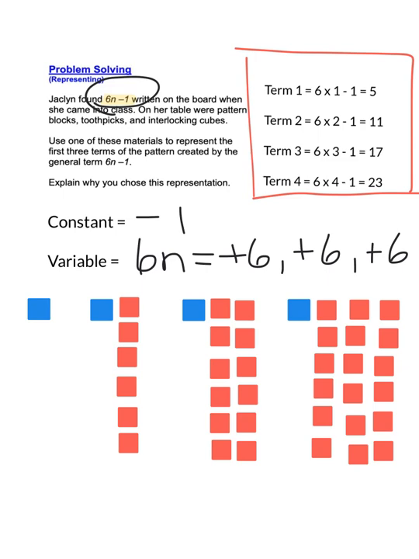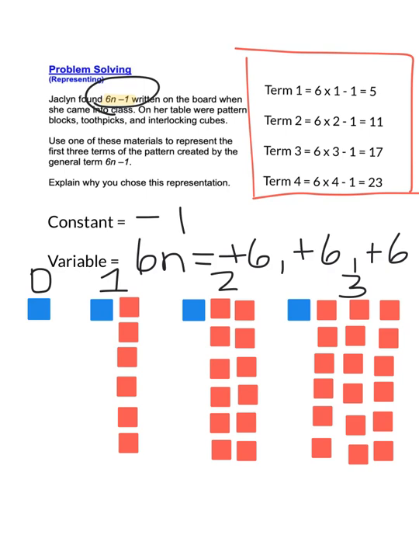So what I've done here is I've represented my terms with images. This would be term 0, this is term 1, term 2, and term 3. If we remember from using our integer tiles, our red tiles are our positives and our blue tiles are our negatives.